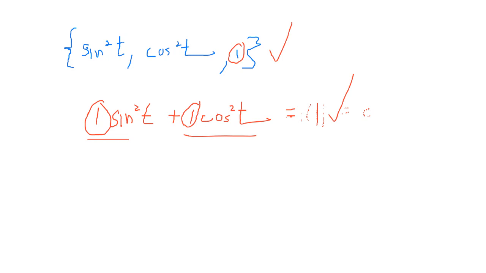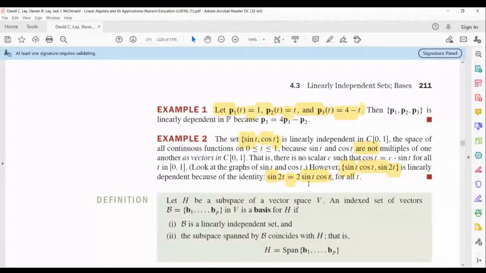This example 2 in the book, if I go back to that example now, is something I hadn't thought about really in terms of a set being linearly dependent, because the sine of 2t is the product of those two functions.